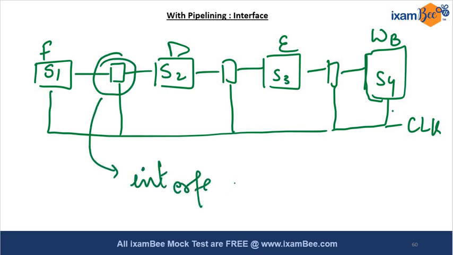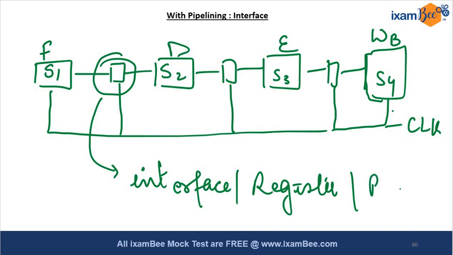So this is called the interface register, or buffer, or latch. Whichever book you are studying, you might encounter these 4 different words used for the interfaces. Between every stage, we have the interfaces, and this is our clock, which helps us synchronize.